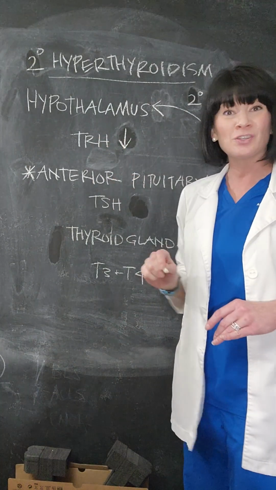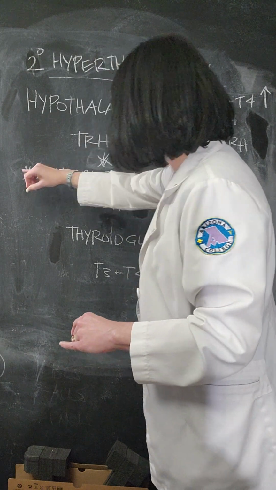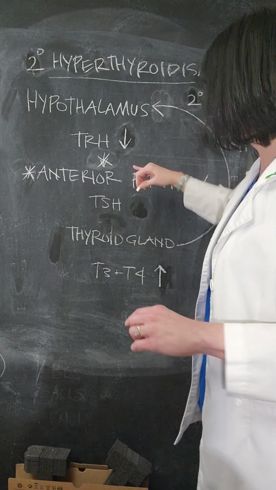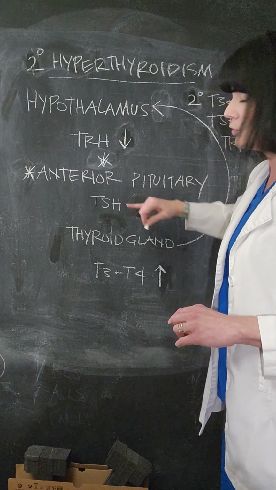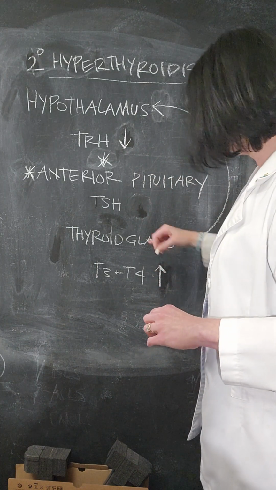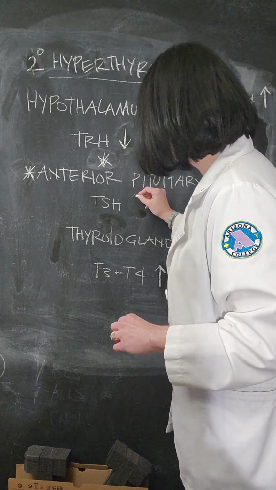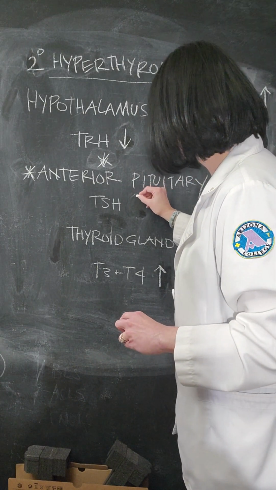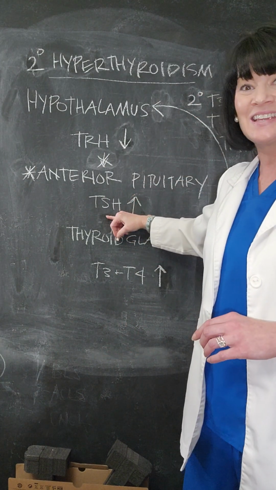This hormone should act on the anterior pituitary, but because of problems with the anterior pituitary, it does not do what it's supposed to. So as opposed to decreasing thyroid stimulating hormone to eventually decrease T3 and T4, the anterior pituitary stays producing high amounts of TSH.